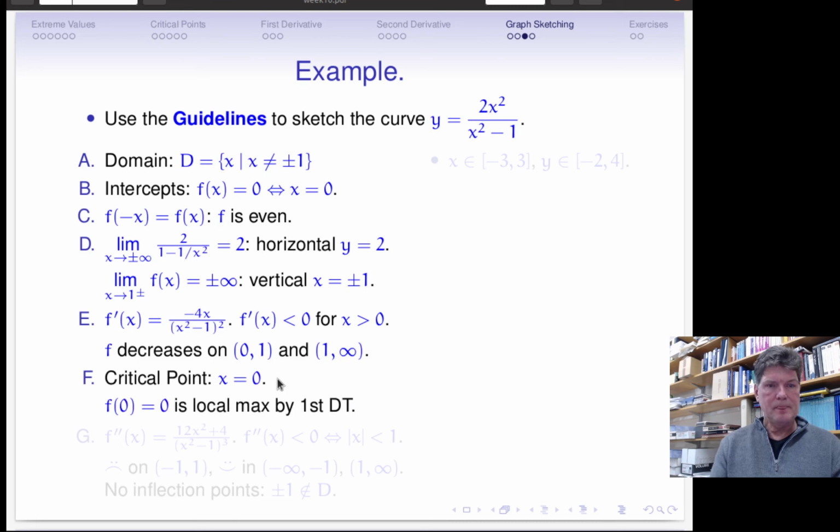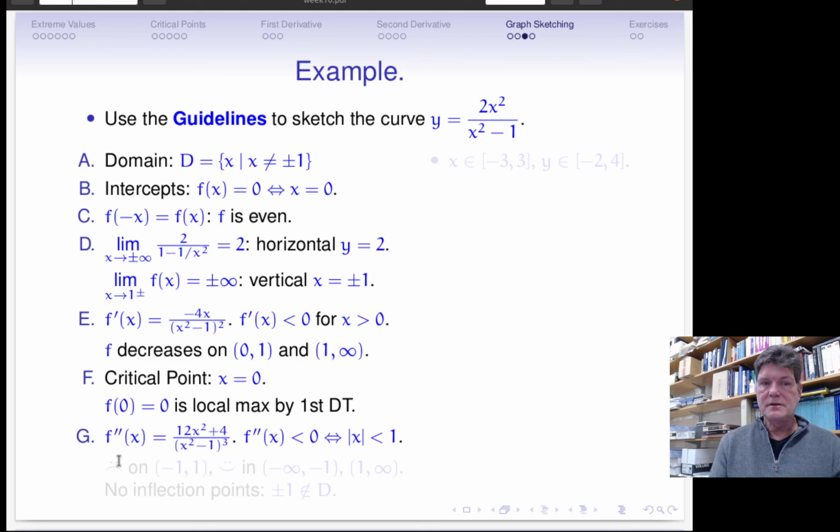And by the first derivative test, this is a local maximum. f of 0 evaluates to 0 as a local maximum because of these decreasing and increasing properties of the derivative of the function.